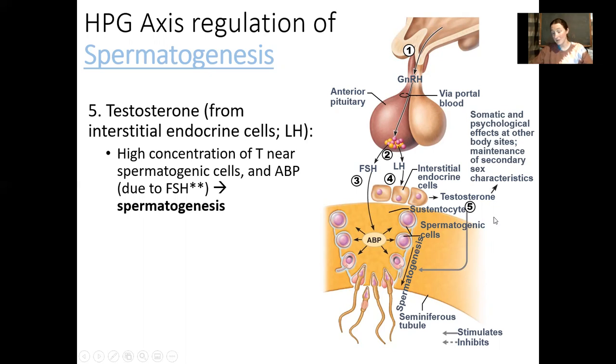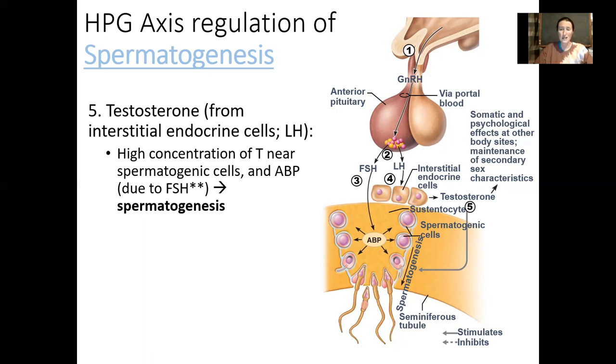Okay. Testosterone, of course, does not only act on spermatogenesis, it also has effects all throughout the body. Again, any cell that has a receptor for testosterone is susceptible to its influence. So psychological effects, maintenance of secondary sex characteristics, so a more prominent jaw, a beard, different patterns of hair and fat throughout the body.